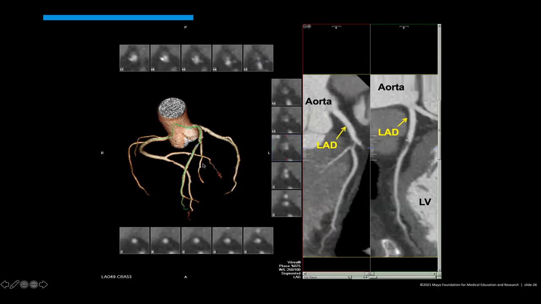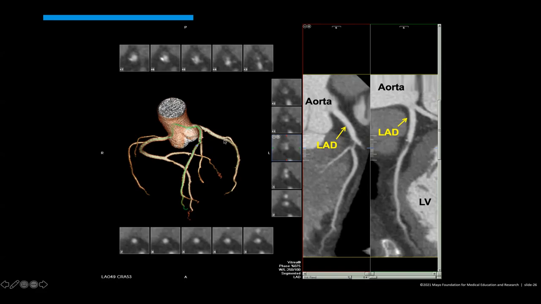What are the branches that arise from the LAD, the left anterior descending coronary artery, called? I think they're maybe the obtuse marginals or diagonals. Your second answer is correct. LAD, diagonal. The LAD ends with a D, so the branches start with a D, diagonals.